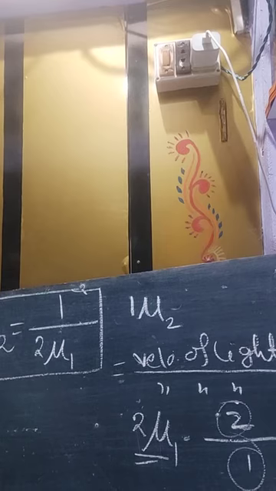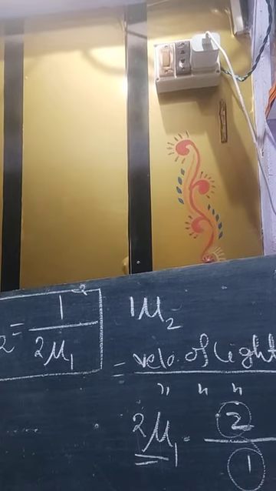Next, from this part you will face some numericals. Suppose the refractive index has been given and the velocity in one medium is given, and you need to find the refractive index or velocity of the next medium.